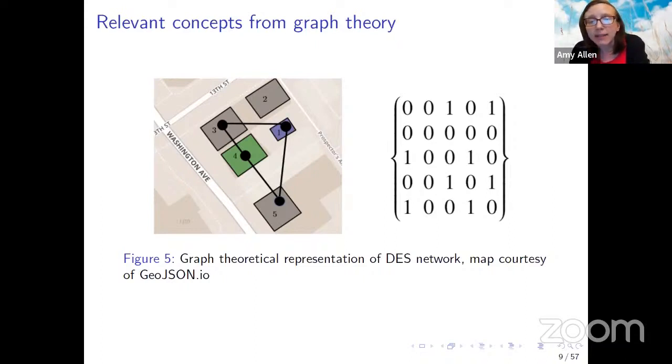And each element of the matrix has a value of 1 if there exists a connection between the corresponding nodes, and a value of 0 otherwise. And this adjacency matrix at right corresponds to the connectivity of the thermal network shown at left.